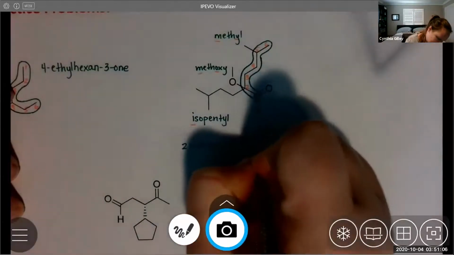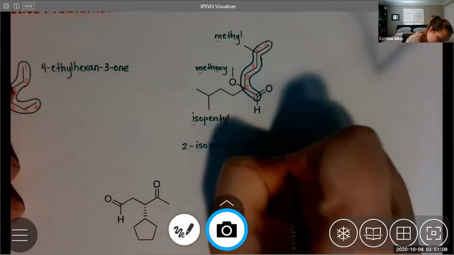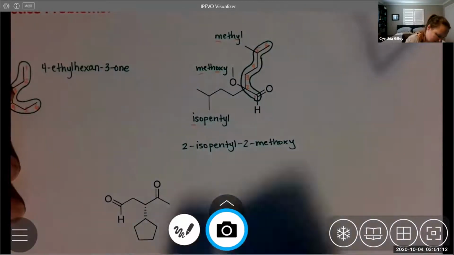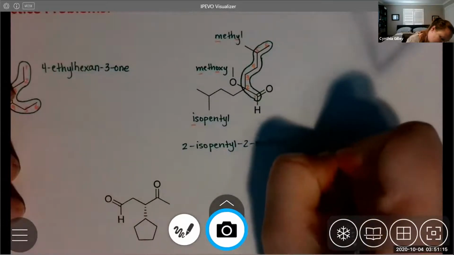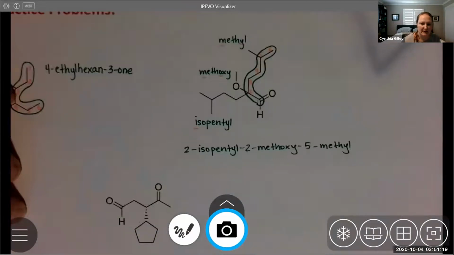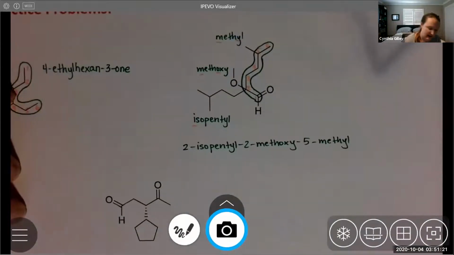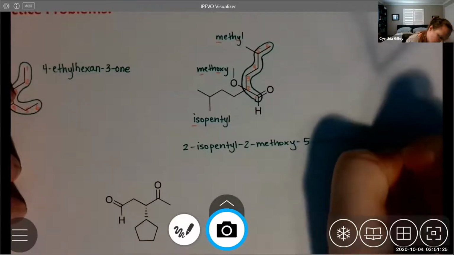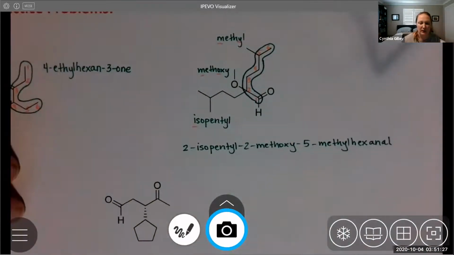So 2-methoxy. Okay, and next is methyl, 5-methyl. So those are all of our substituents. Now comes the parent, right? And we said we were going to call this a hexanal. Remember, we don't need to put a locant 1 for the aldehyde. It's implied without that.